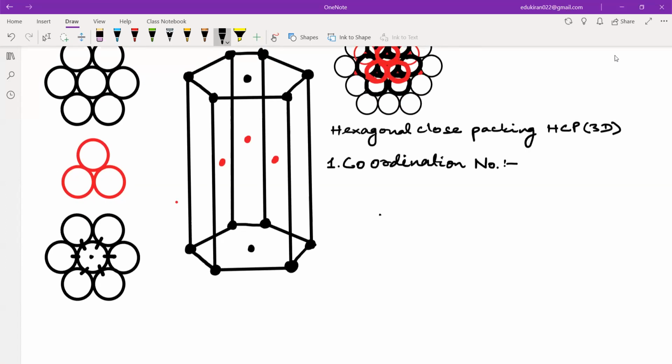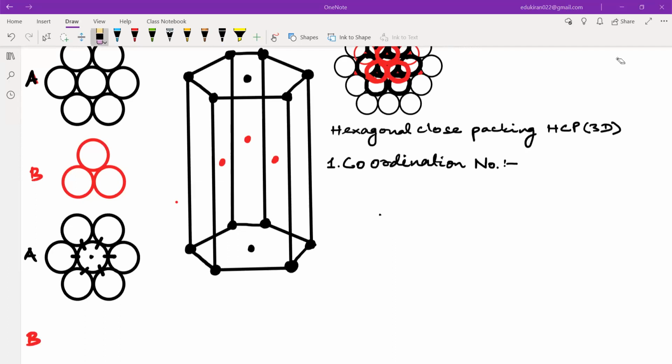And here we have, this is the layer A. This is our layer B. This is our layer A again. So you have layer A, then B, then layer A, and after that there will be a layer B. Correct? Yes, sir. In which we will have these 3 red atoms again. Correct? Then these 3 red atoms which are in the next B layer will also be touching the black atom that I have highlighted.